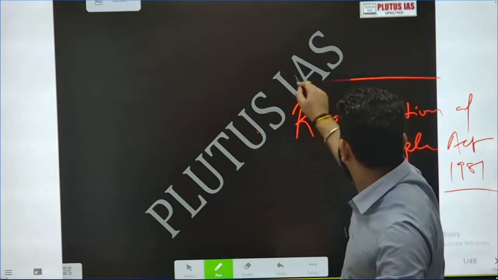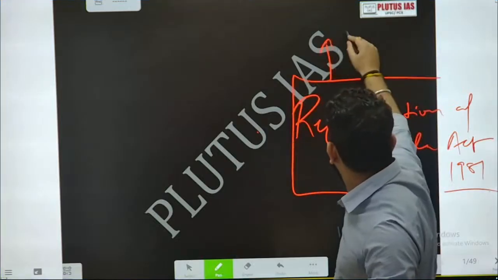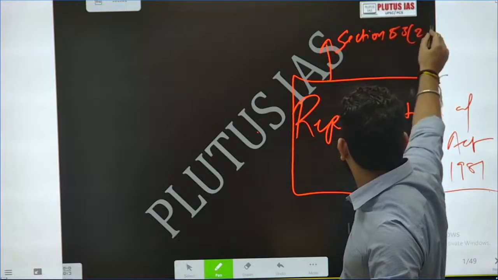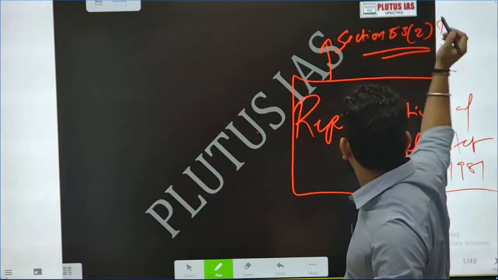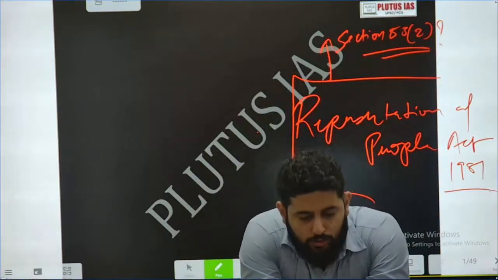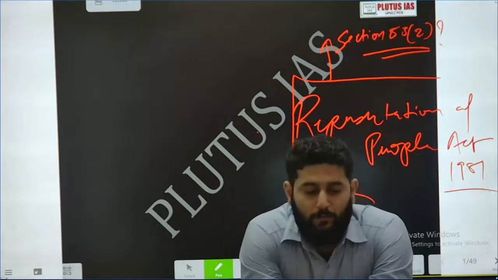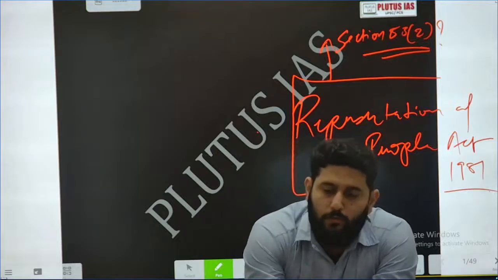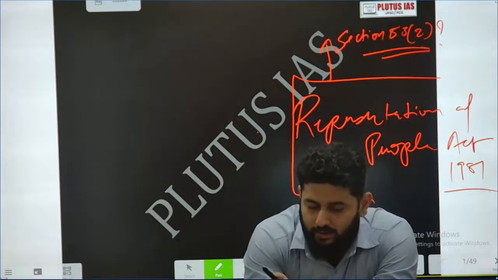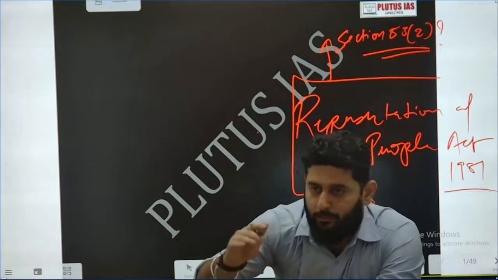What is Section 53, Clause 2? It applies when the number of validly nominated candidates equals the number of available seats.